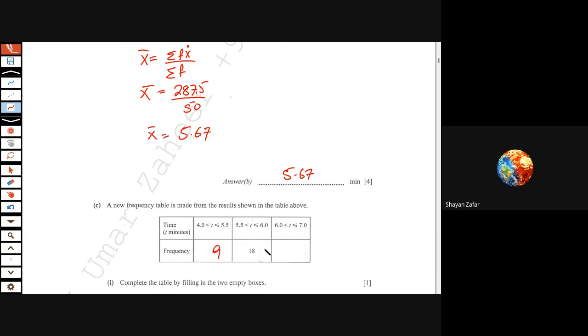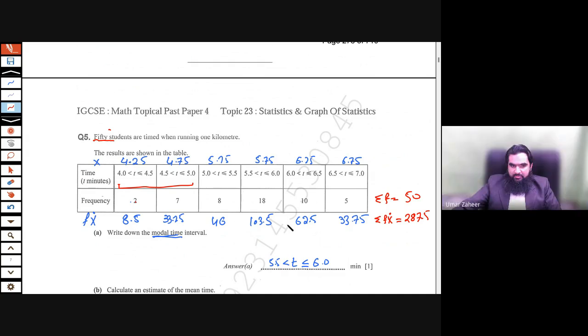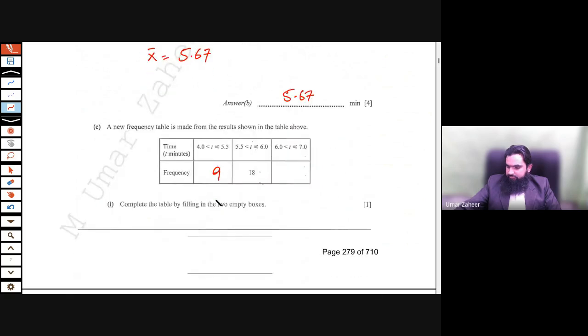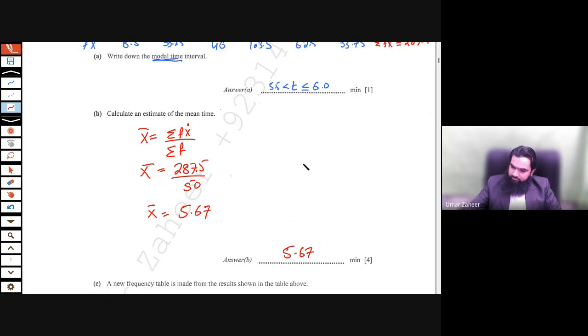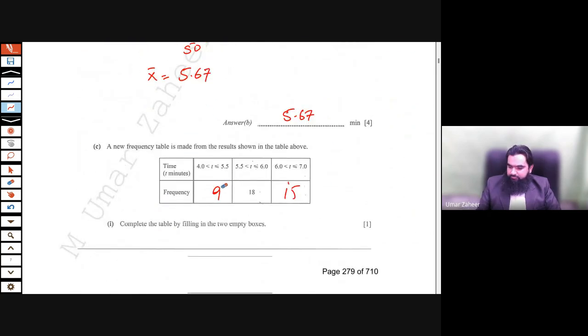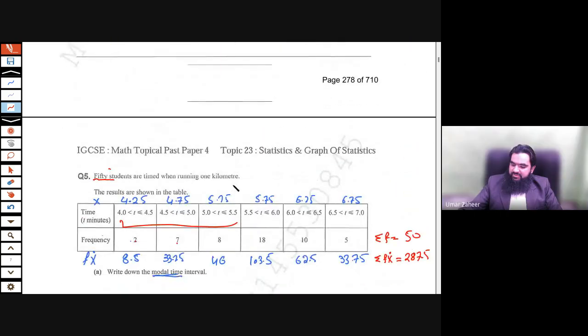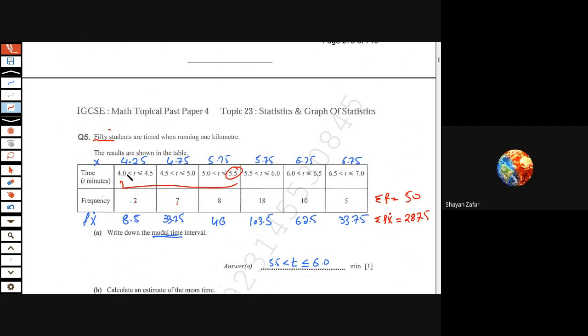Then for the next one, 6 to 7, it will be 10 plus 5, 15. So for 4 to 5.5, this one, 9 plus 8, that will be 17. Just hold it.